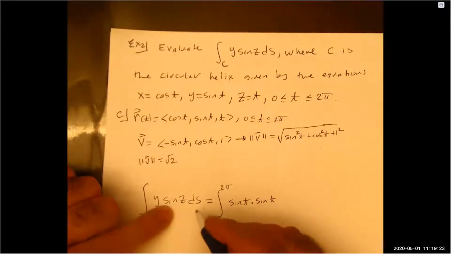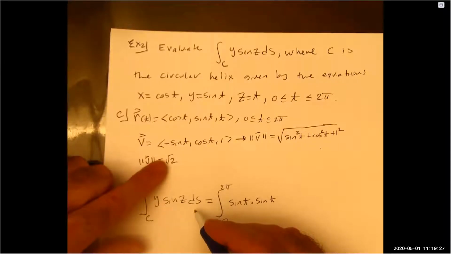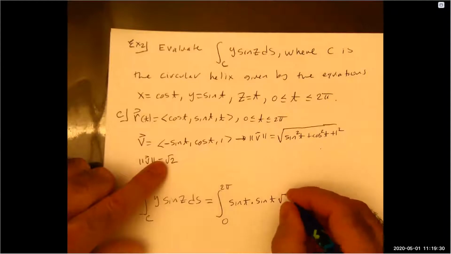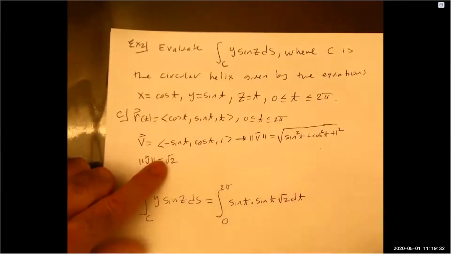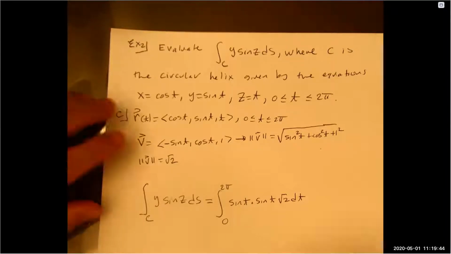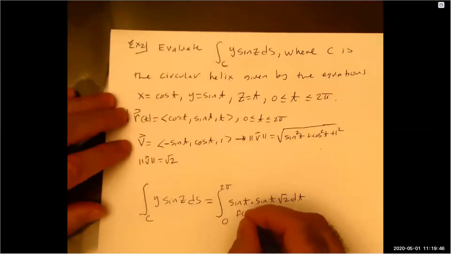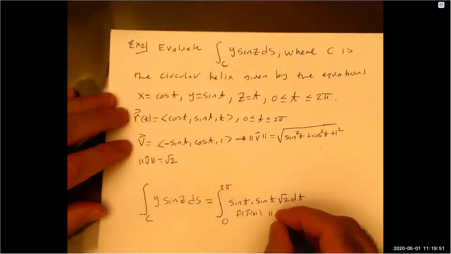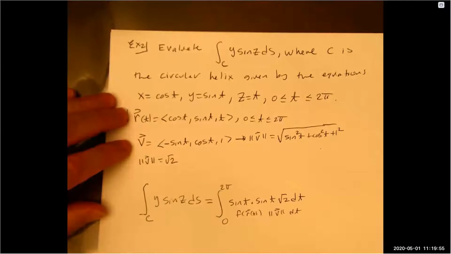And then the ds, remember, is the speed times dt. And so the speed is root 2. So this is going to be root 2 times dt. So we have that. And so, well, let's see. So this was equal to the f of r of t. And then here you have the speed times the dt. And so we're just plugging into that formula.